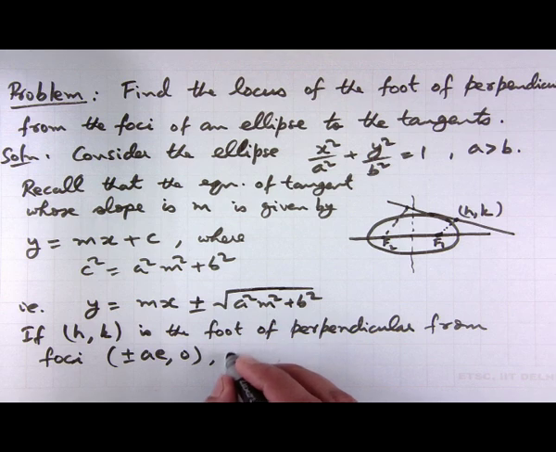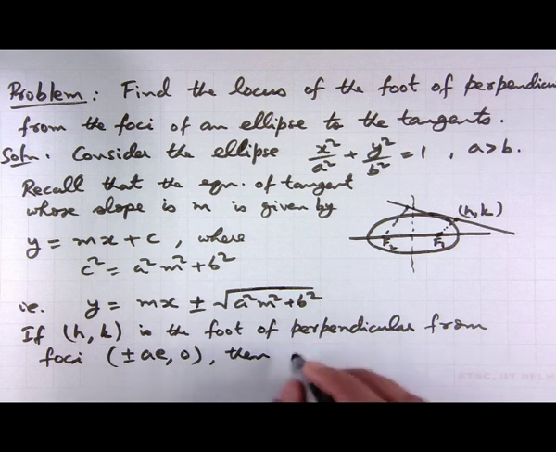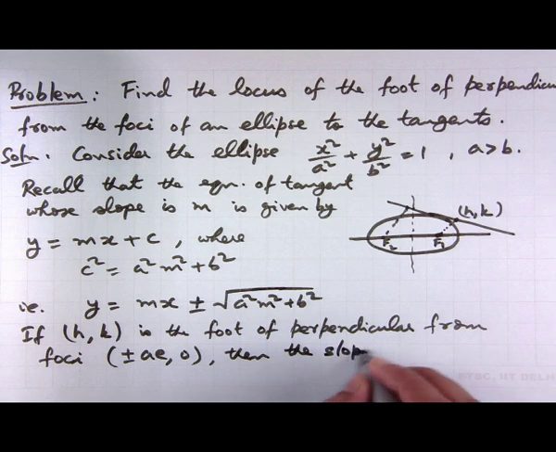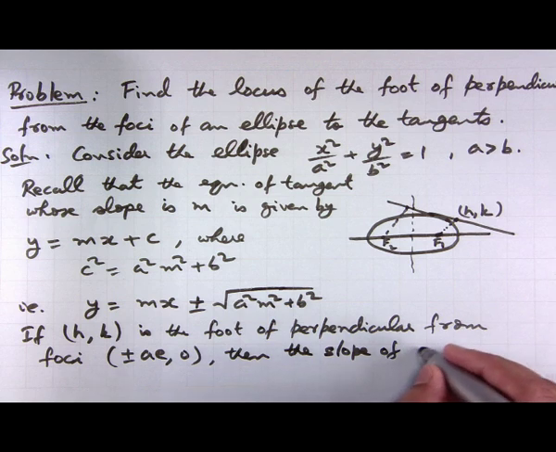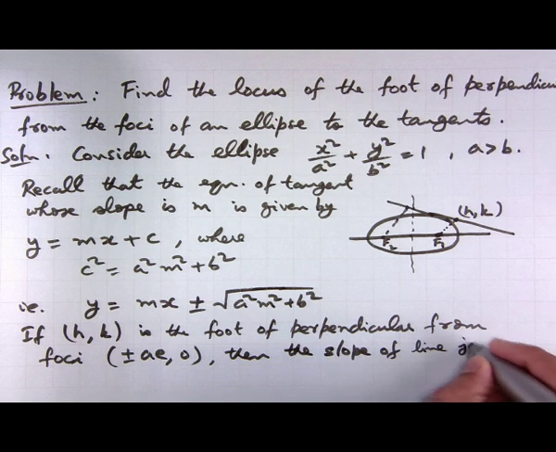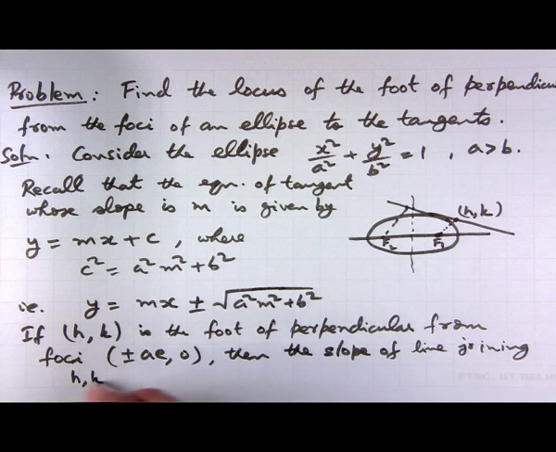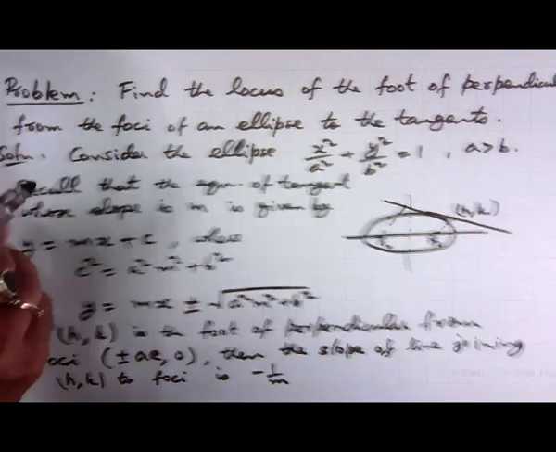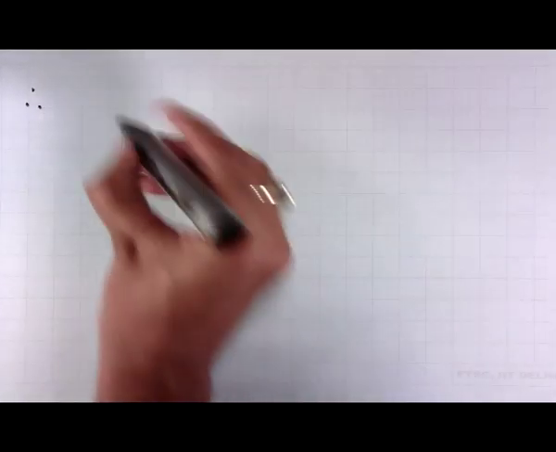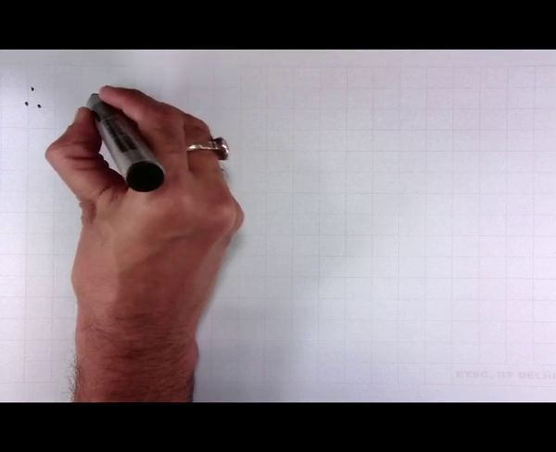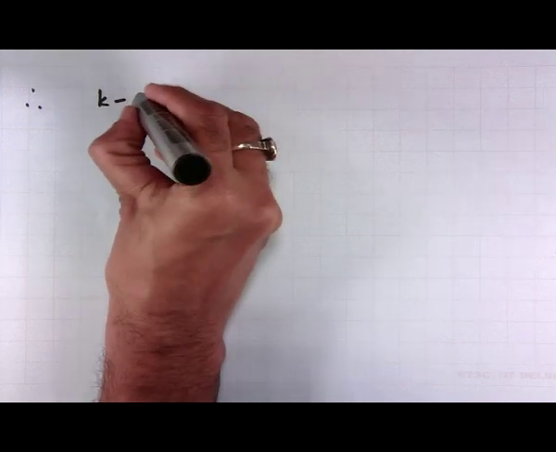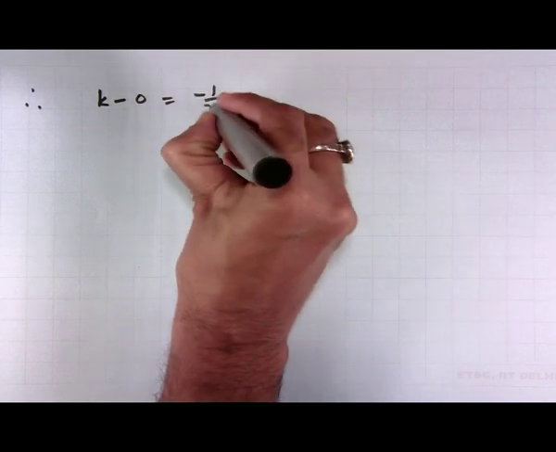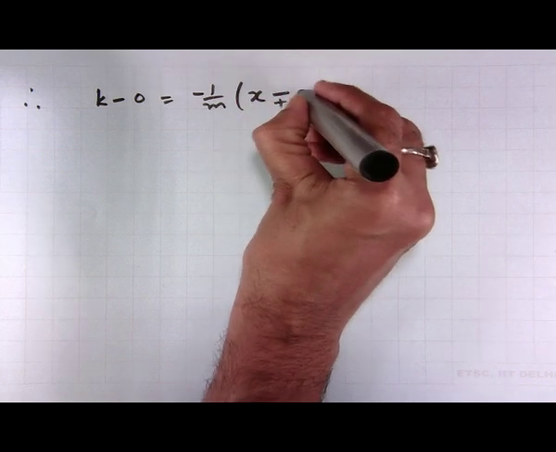Then the slope of the line joining h k to the foci is minus 1 by m, because this is perpendicular to the tangent line, and therefore, the equation would be k minus 0 equal to minus 1 by m times x minus or plus a e.